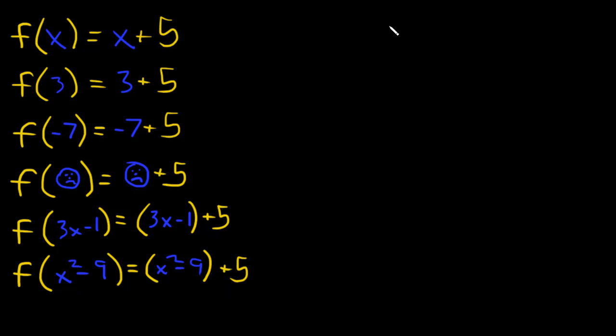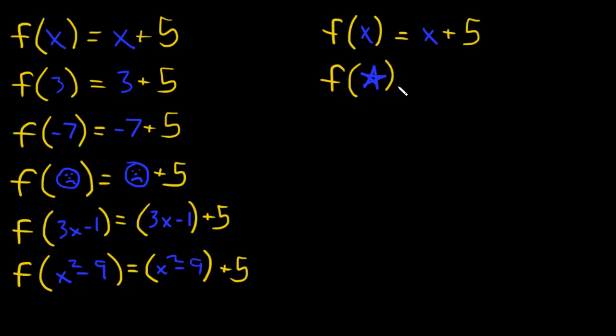All right, so now I'm going to come over here and do the same notation. f of x is equal to x plus 5. What would f of, oh, let's make it something fun, star be? Well, f of star would just be star plus 5, right?